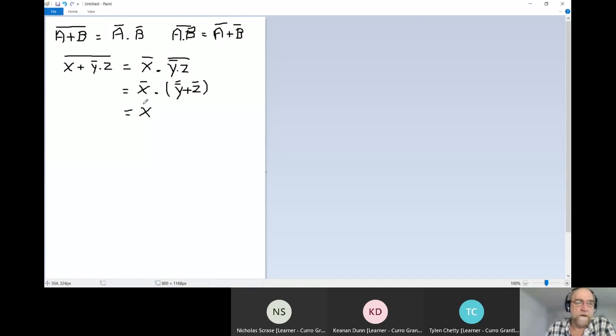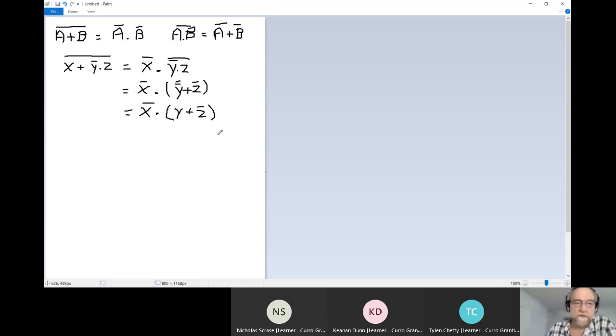I've got not x, can't do anything with that. Now, not y is obviously just y because two nots cancel each other out. Plus not z. So there we go. That is the answer.